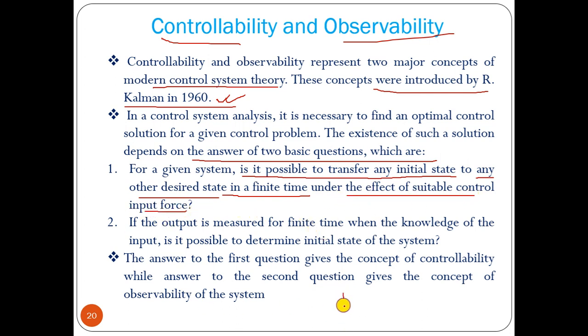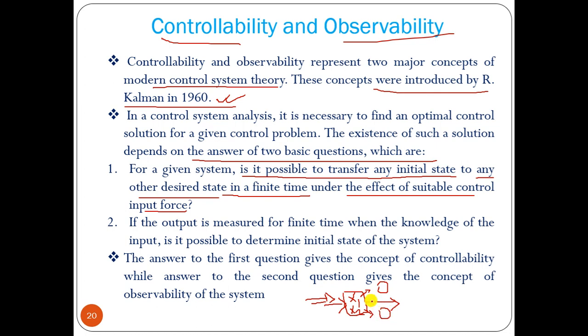That means if we have a system with system variables, and we are applying input, we know the values of x1, x2, the initial state. Now we are applying some input, and then can we get any desired state?